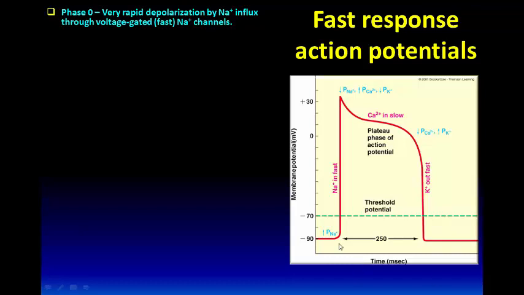When this stimulus arrives, it changes the voltage a bit.